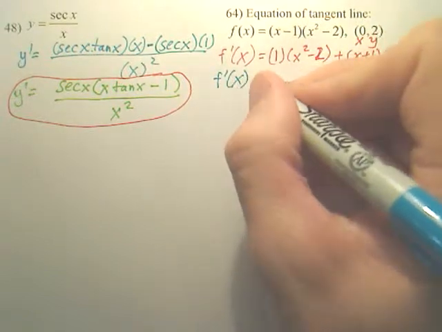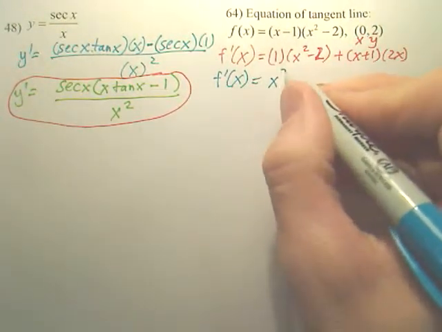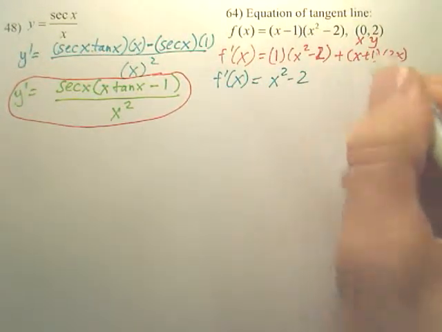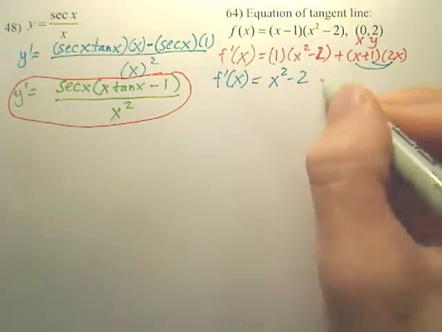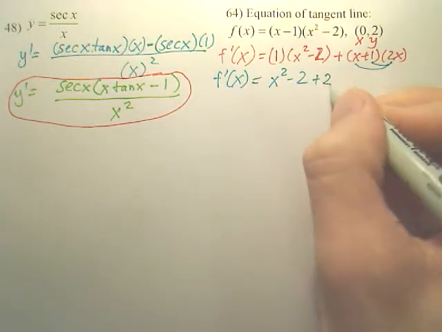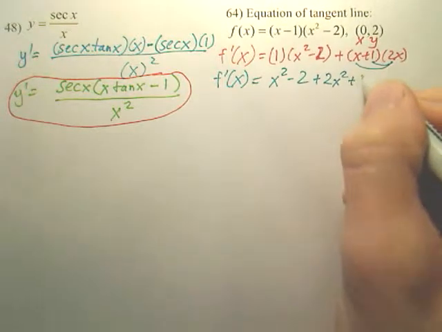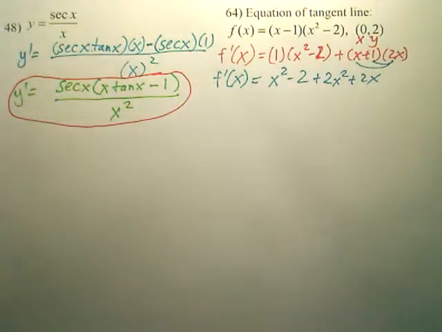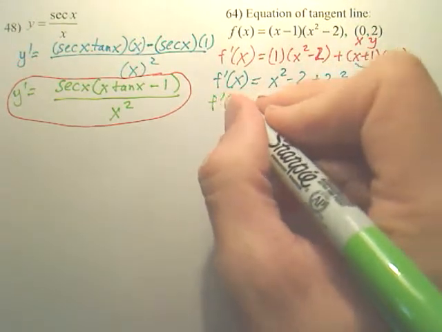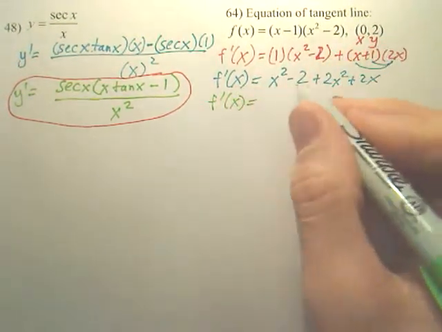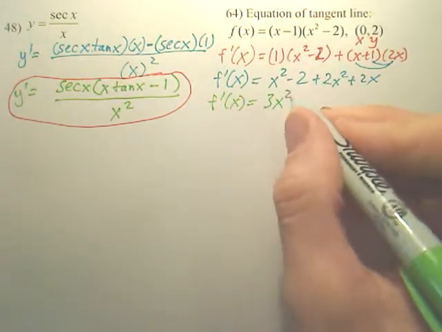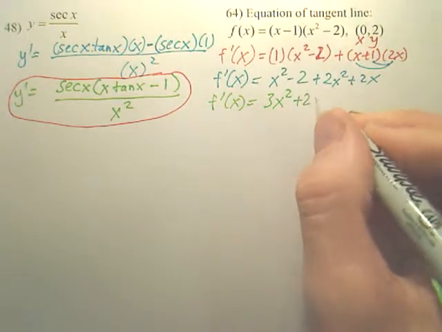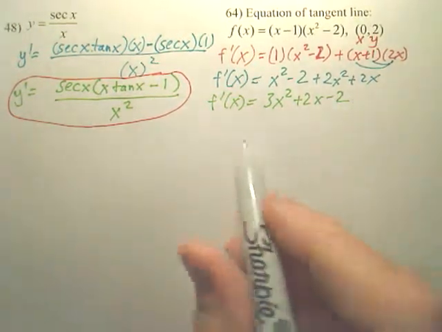So the derivative equals x squared minus 2, and if we distribute this, you get 2x squared plus 2x, which we now have, looks like we have 3x squared plus 2x minus 2. That's the derivative.